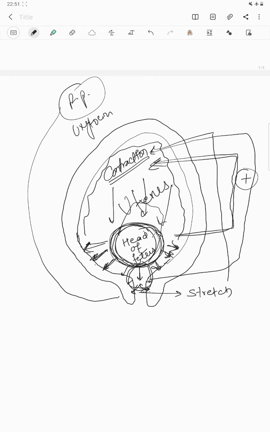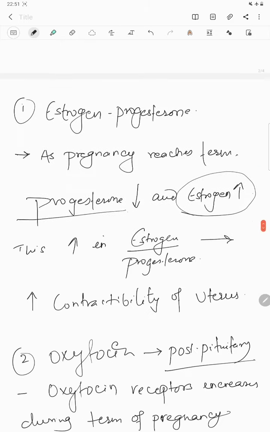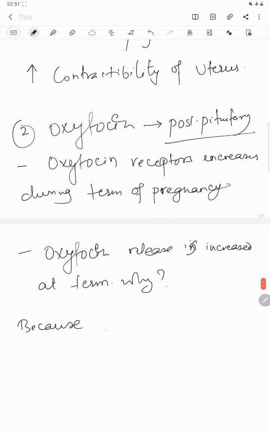So here we can see this mechanical factor is helping a hormonal factor to play a role in parturition. So this is a neurogenic reflex produced by stretch. So I think we got the answer why oxytocin release is increased at term.